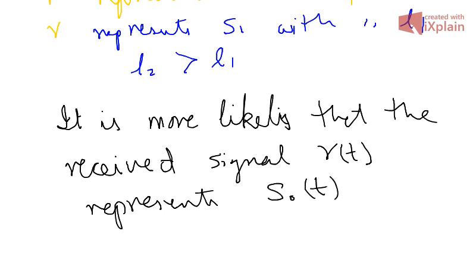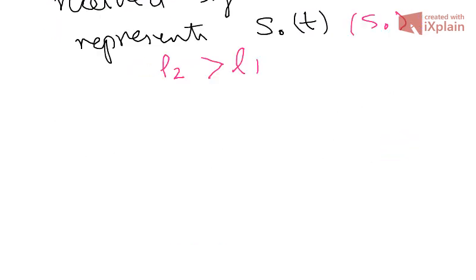Or you can say it is more likely that the received sample value R represents S naught, because L2 is greater than L1. So based on the likelihood function, our likelihood detector would decide in favor of S naught.